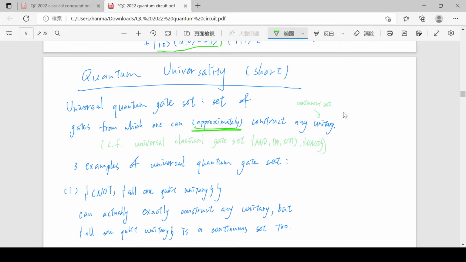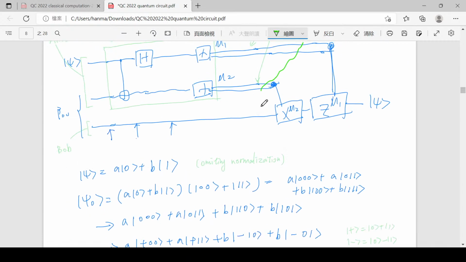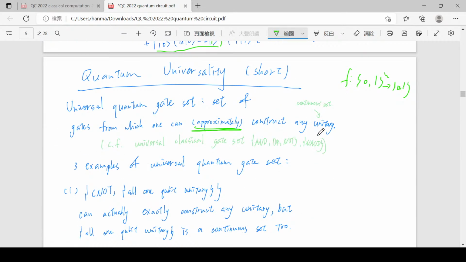Because the difference here is in classical, you want to construct Boolean functions, right? You want some function from {0,1}^n to {0,1}. But quantumly, the end result is a quantum state, and basically you want to construct a unitary. But you think about the set of unitaries, it is something continuous, right?